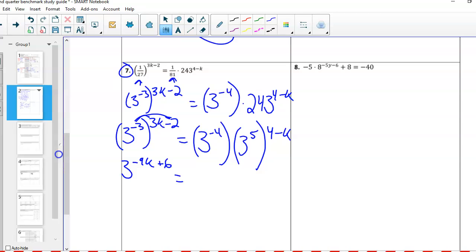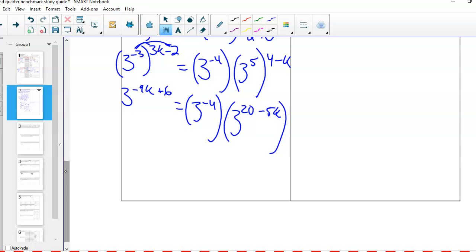I'm going to do this one first. And then here, because you have the same base, you can add your exponents. Is that 5K? Yes, minus 5K.